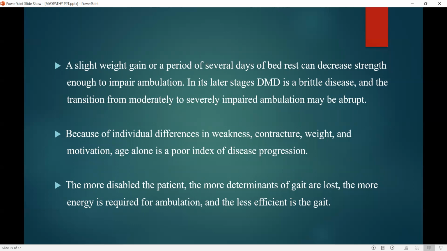The more disabled the patient, the more the gait is altered or lost, the more energy is required for ambulation, and the less efficient is the gait.